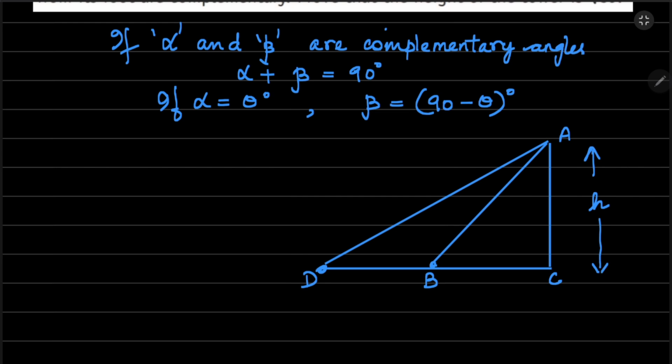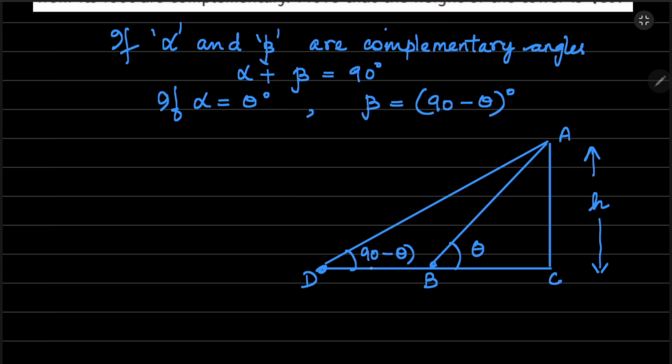Now, you can tell me, suppose theta is 30 degrees. If theta is say 60 degrees, 90 minus 60 will be 30 degree, right? So which of the two will be theta? So the first one, if the angle is theta, this smaller angle will be 90 minus theta.